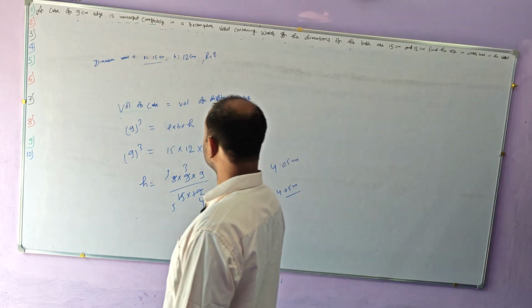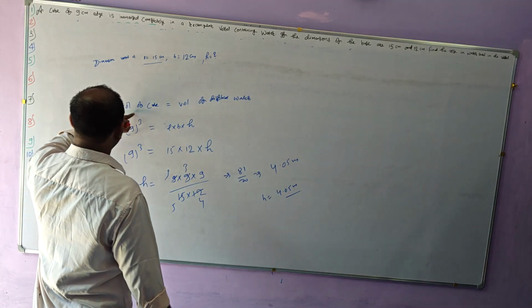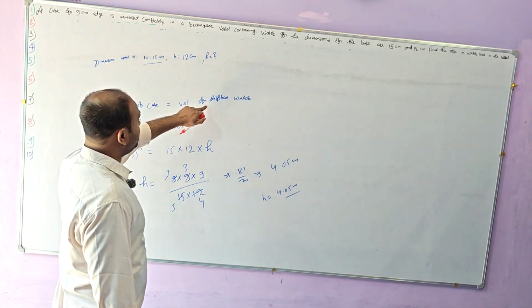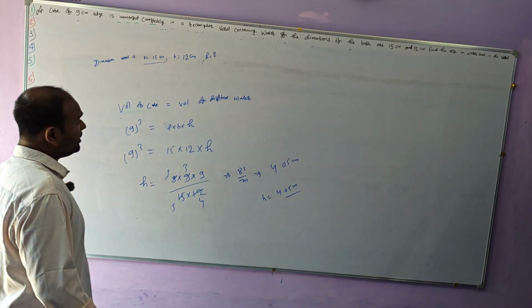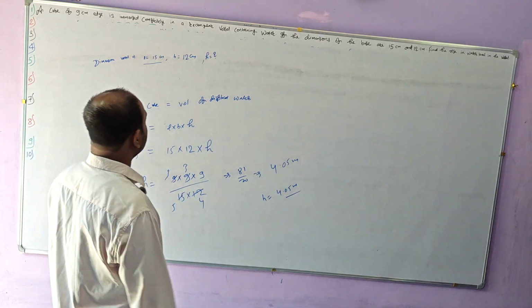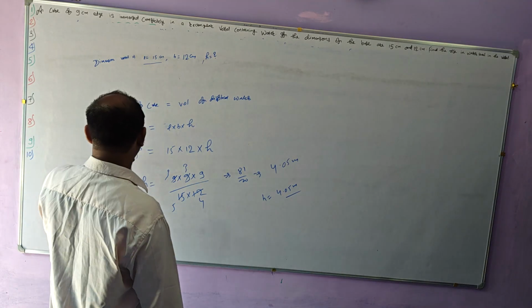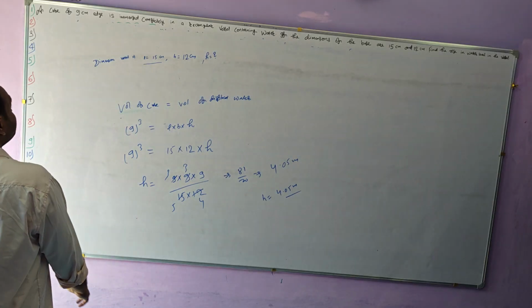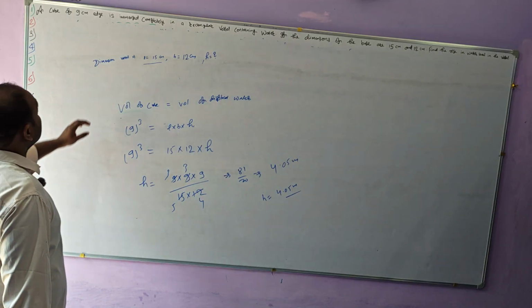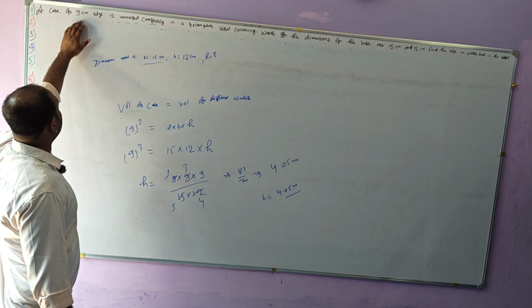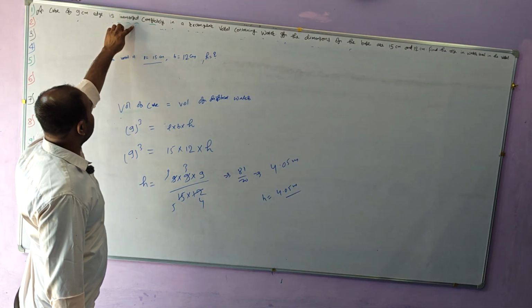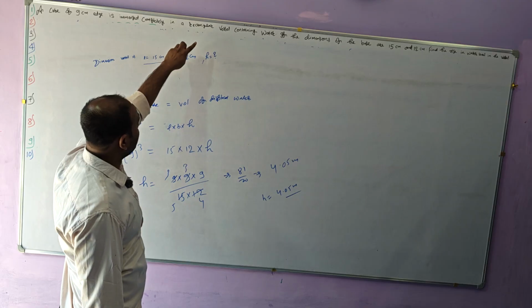Basically, the volume of the cube is equal to the volume of displaced water, whatever water is displaced in the vessel after a cube of 9 centimeter is immersed completely in the rectangular vessel.